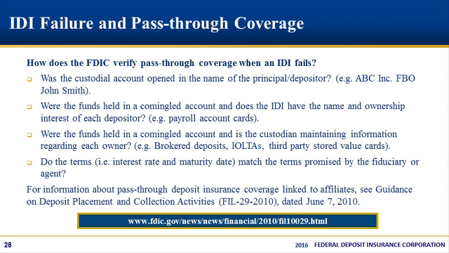For more information on pass-through deposit insurance coverage linked to deposits opened by affiliates, please see Financial Institution Letter 29-2010 titled Guidance on Deposit Placement and Collection Activities, issued on June 7, 2010, and available on the FDIC's website.